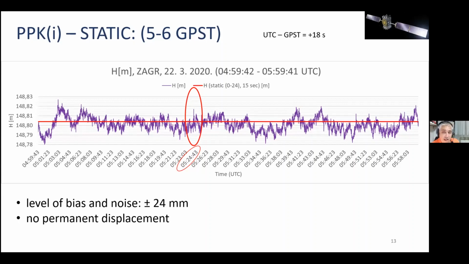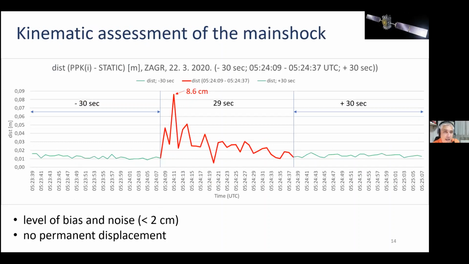So the red line represents the reference solution, and this line shows solutions obtained for each epoch. So there are altogether 3,600 solutions provided by PPK.